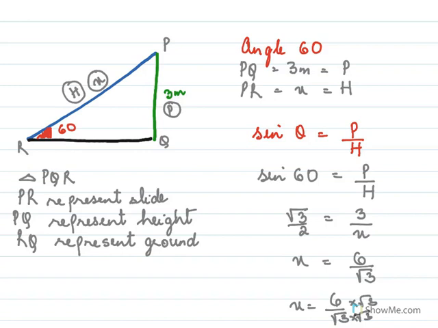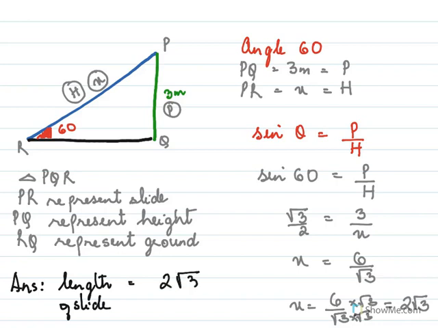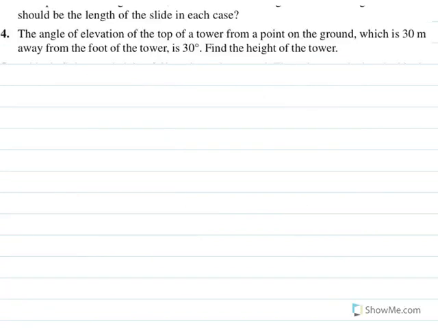So into root 3 into root 3. And this will be 2 root 3. So for the answer, we have length of slide 2 root 3 meter.